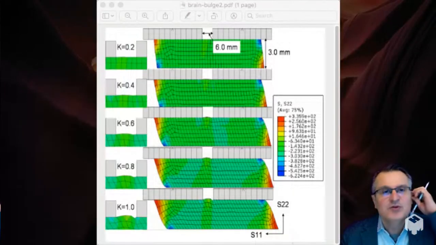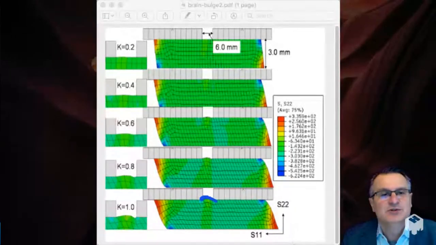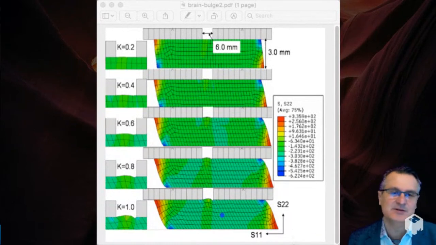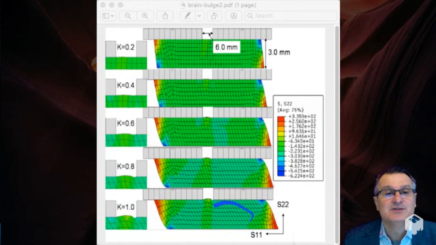Here I show you finite element simulations, and we could see that there is a bulge. Of course, in the same simulation here we took the Mooney-Rivlin material, but you can see in the finite elements a more realistic deformation. It's almost homogeneous everywhere, right?